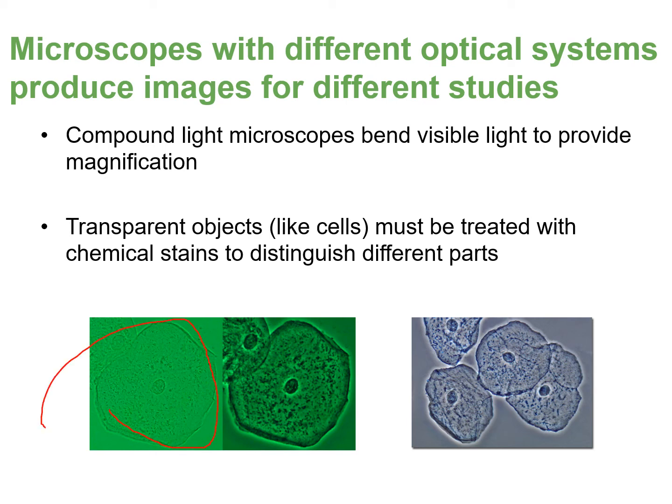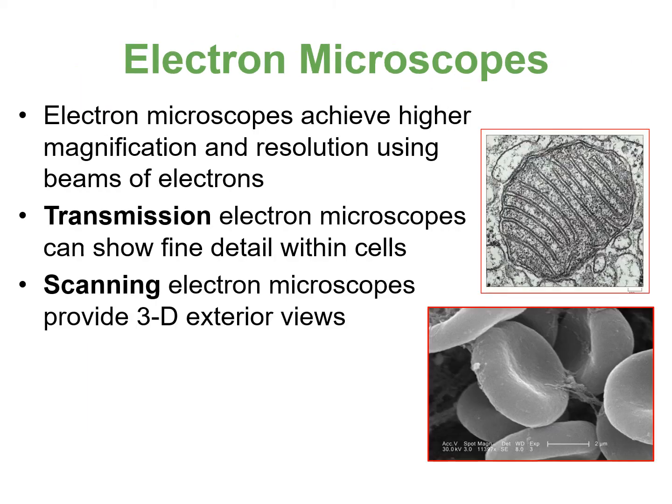You put special filters, you bend the light in specific ways, you now get to see, instead of this ghost of an image, the shadow. Allows you to see some of the intracellular organelles. But again, high magnification, low resolution. That's why we go with the electron microscopes.